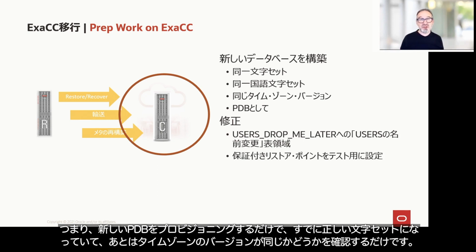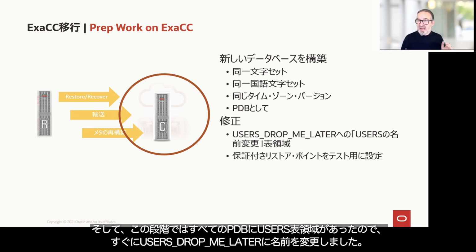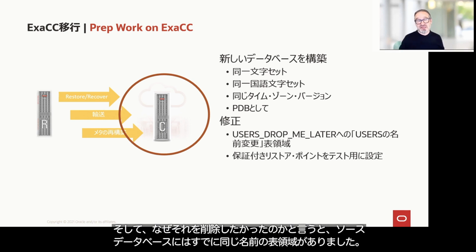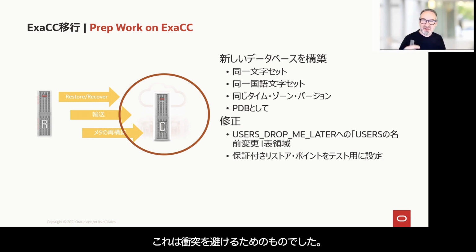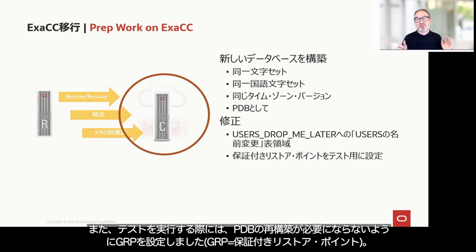We just had to make sure that it's also the identical time zone version. Then every PDB at this stage got a users tablespace, which we renamed right away to users_drop_me, to drop later. And I come to this idea why we want to drop it, but our source databases had users tablespaces already. So this was just meant to avoid any conflicts. And when we were running tests, we set a GRP to avoid that we have to rebuild the PDBs all over again.